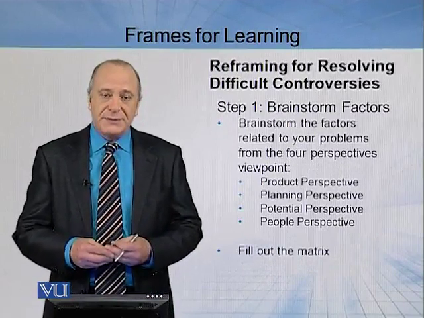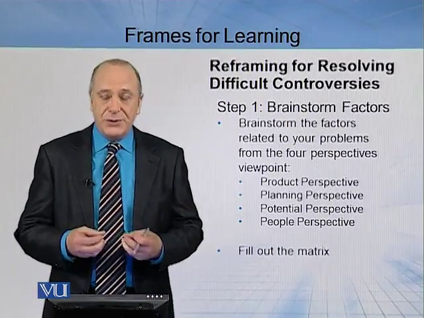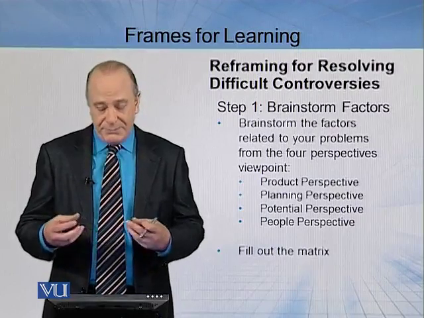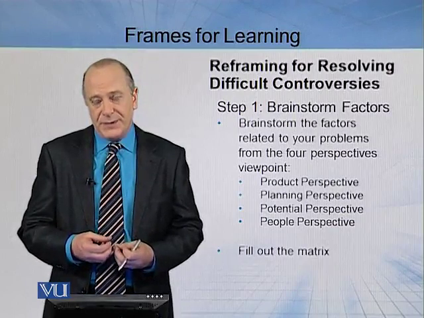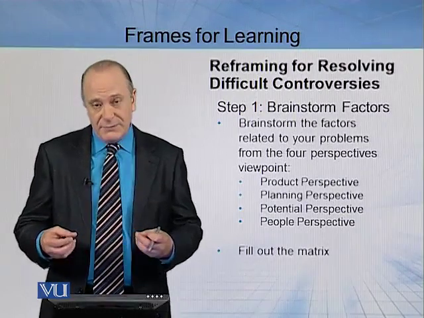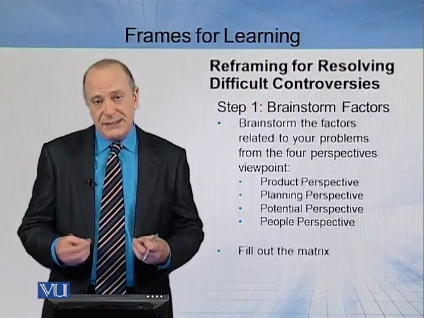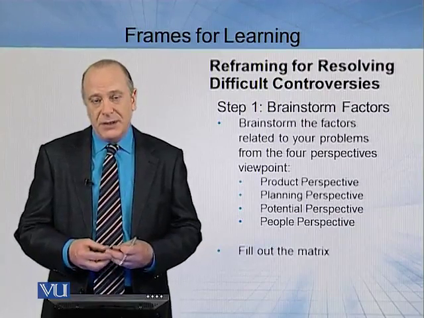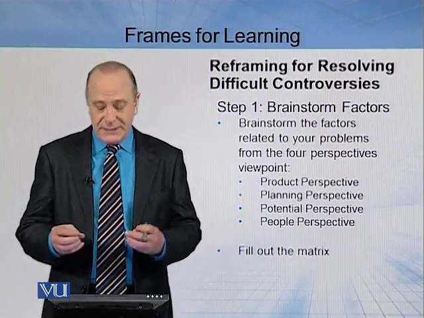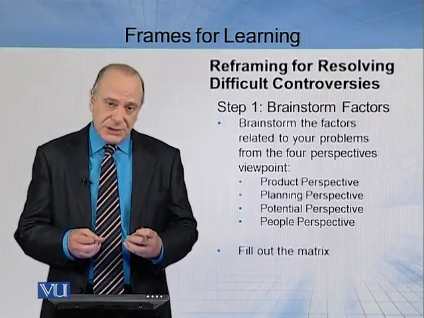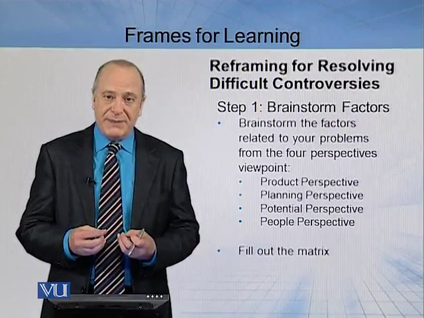And the first thing to do, in order to resolve a problem, is to perhaps brainstorm the factors. And we've looked at the 4 Ps approach in terms of resolving the issue. We take different perspectives on the issue: the product perspective, the planning perspective, and also the potential perspective and the people perspective.